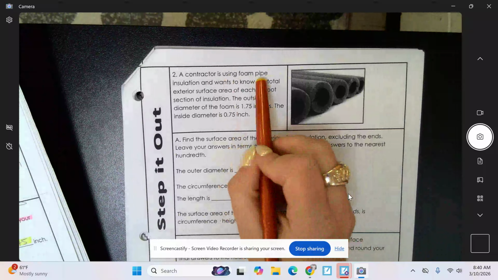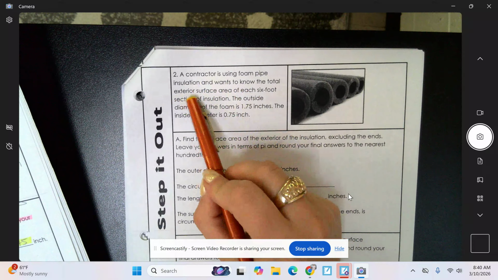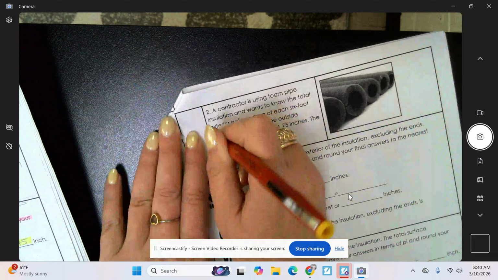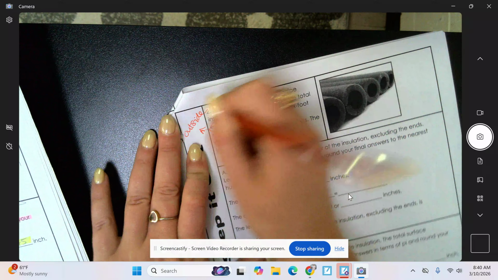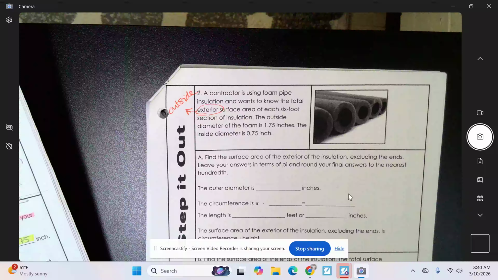He is using foam pipe insulation and wants to know the total exterior. What does exterior mean? So they want to know the outside surface area of each 6-foot section of insulation. The outside diameter of the foam is 1.75 inches. The inside diameter is 0.75 inches. What are they wanting to find here?